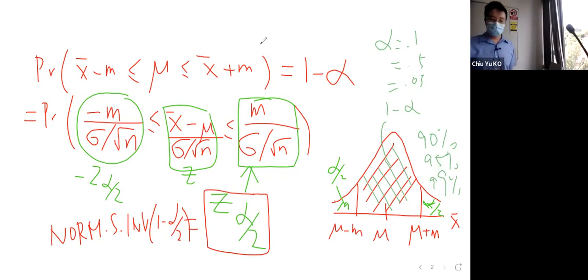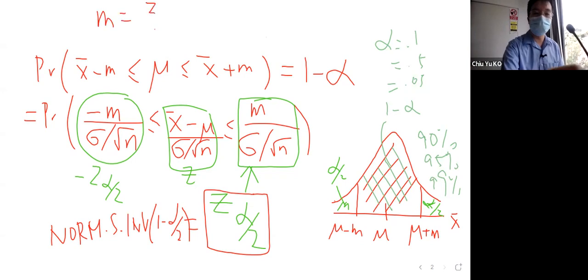And then what is m? M is equal to this times this. So at the end, we have the final formula, which is the following. If in the book, I think this last formula is important: m is equal to Z alpha over 2 times sigma over root n.